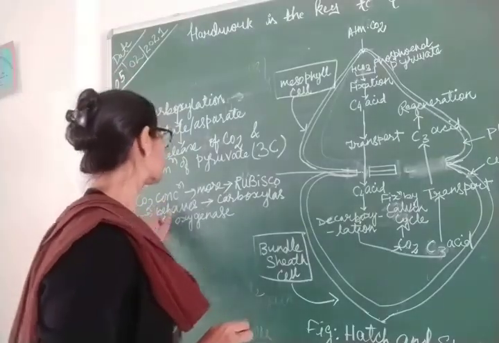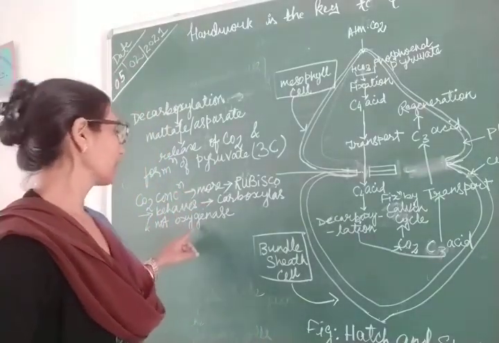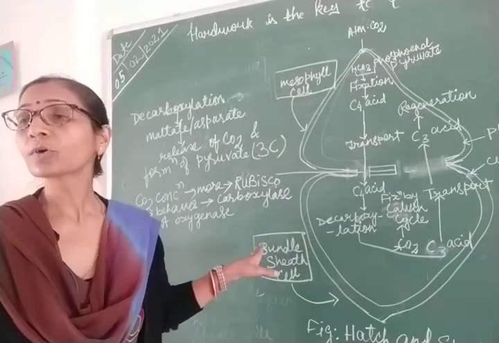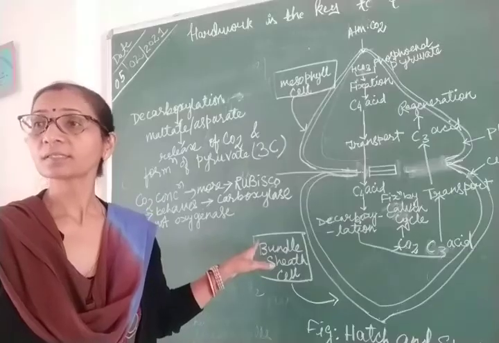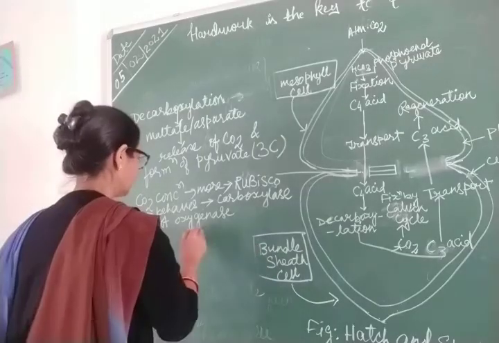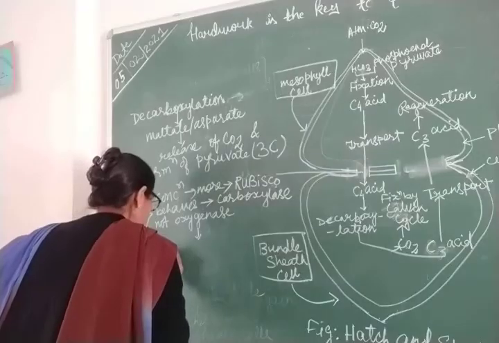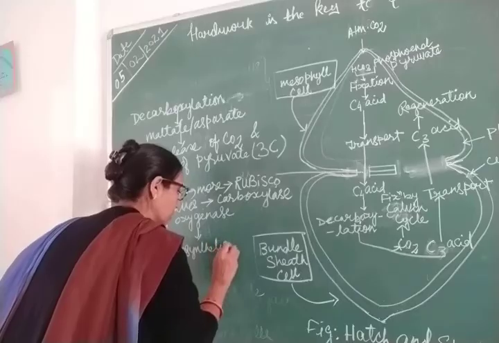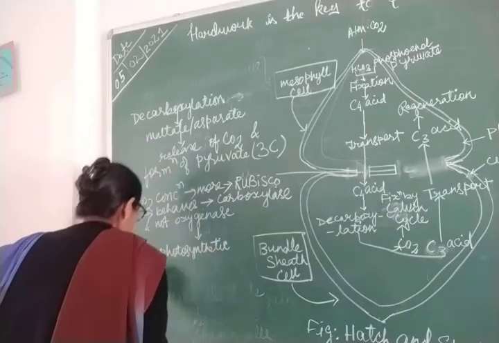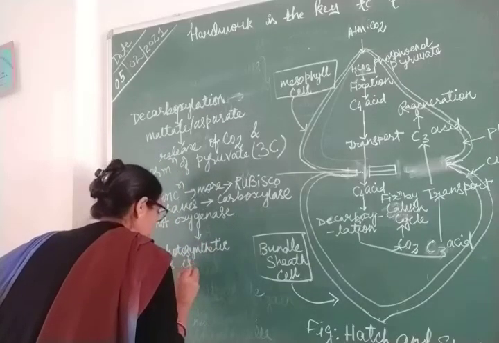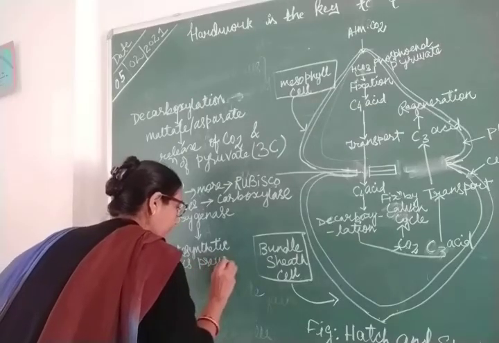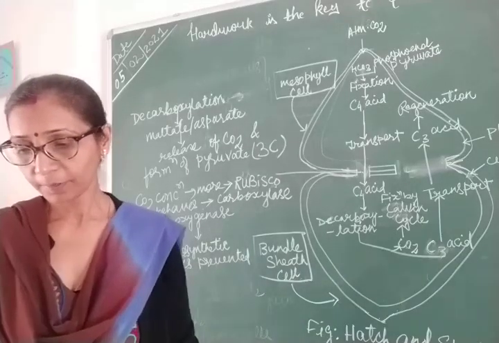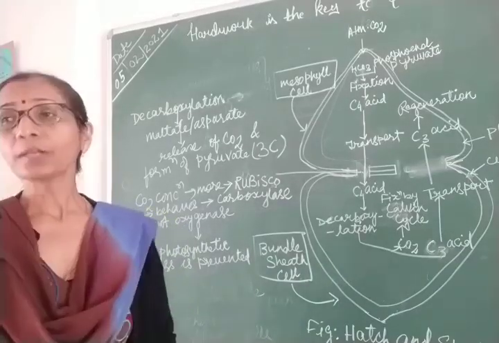But because rubisco does not behave like an oxygenase and behaves like a carboxylase, photosynthetic loss is prevented.